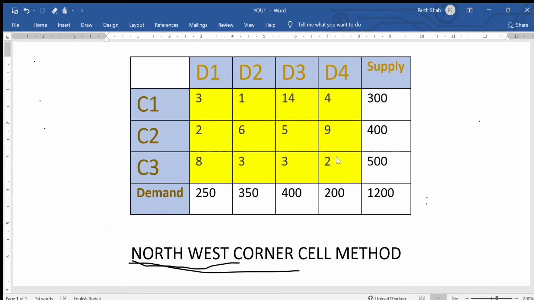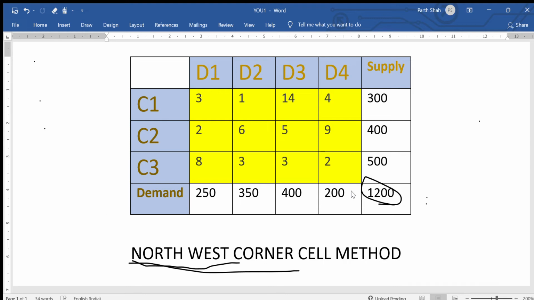One more thing: as you can see, the summation of the demand, that is 250 plus 350 plus 400 plus 200, is nothing but 1200. In a similar way, the supply also sums to 1200. A problem where demand and supply are equal is called a balanced problem. Sometimes supply is greater than demand or vice versa, and in that case we introduce a dummy row or dummy column to make it balanced.